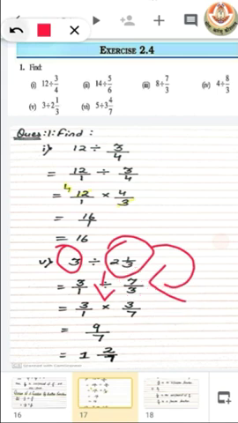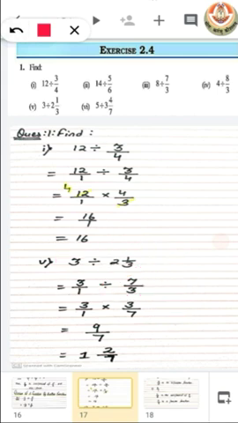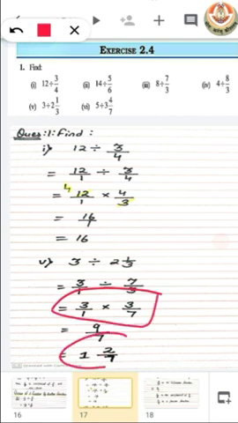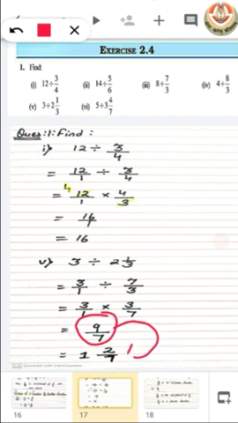Now we have simple multiplication between two fractions and we get the answer 7 by 4, and then we can easily convert it into its mixed form. It is an optional answer. This answer is also correct and this one is also correct.